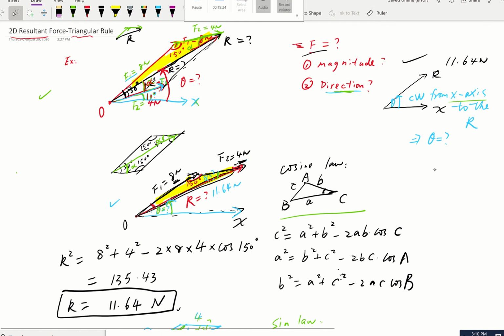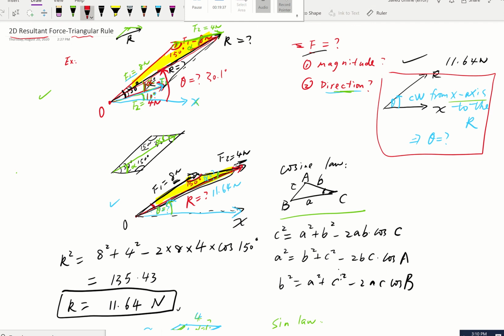It's going to be right here. So that defines the direction of this resultant force. Again, the direction of any force is defined by this convention: from the x-axis counterclockwise, how many degrees? And that's exactly what we did, 30.1 degrees. For this situation it is 10 degrees plus this alpha. All right, so that's for this problem.